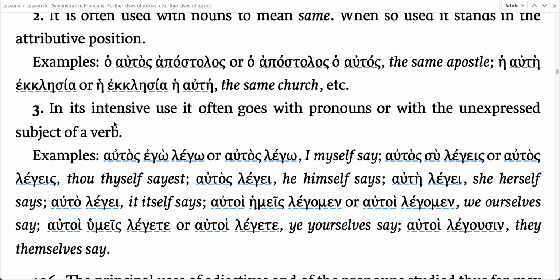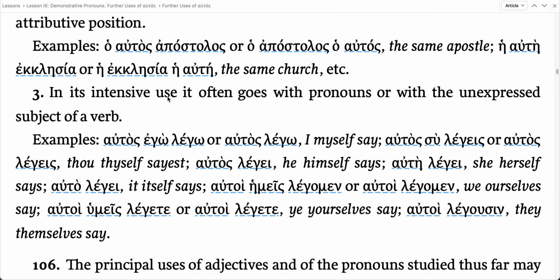Now, in its intensive use, it often goes with pronouns or with the unexpressed subject of a verb. So you can see it like this as well. αὐτὸς ἐγὼ λέγω. Getting back to the intensive use, usually no article here. You can see it with pronouns and a verb, or an unexpressed subject of a verb.